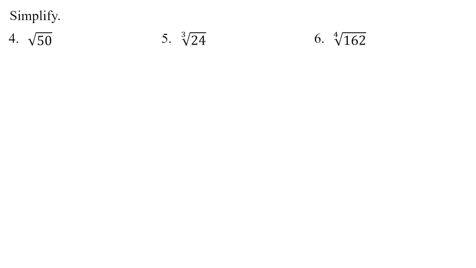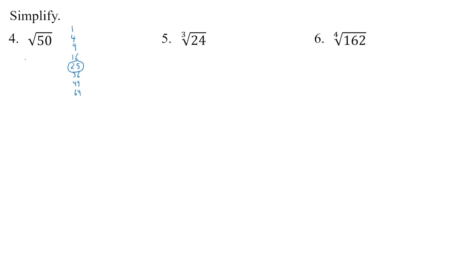The first thing you may want to do is list all your perfect squares until you get over 50. So you've got 1, 4, 9, 16, 25, 36, 49, 64. We're going to stop at 64. So what you're going to do is look at the highest perfect square that can go into 50, and 25 is that number.